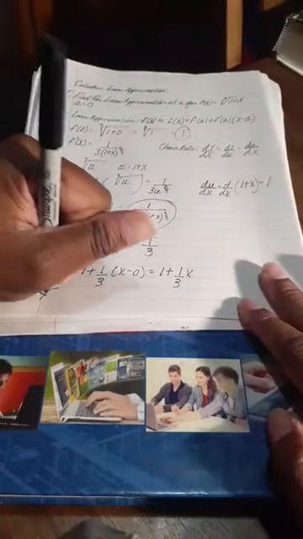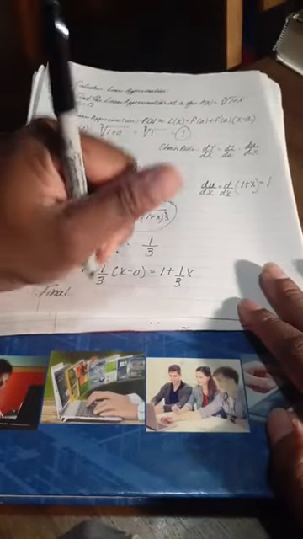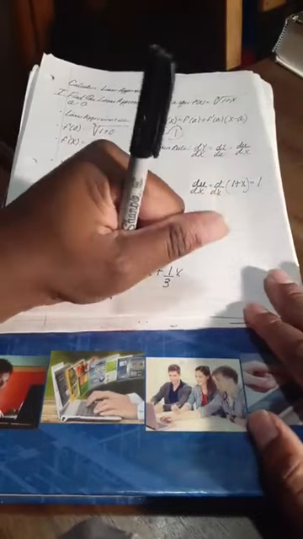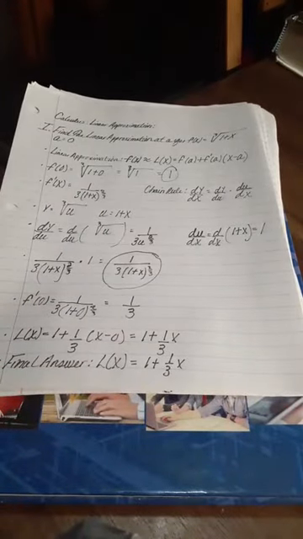So for the final answer, our linear approximation at a is just going to be 1 plus 1 over 3 multiplied by x. And that's your linear approximation.